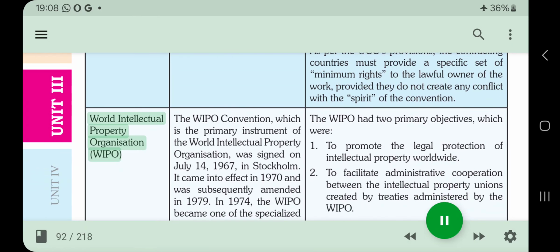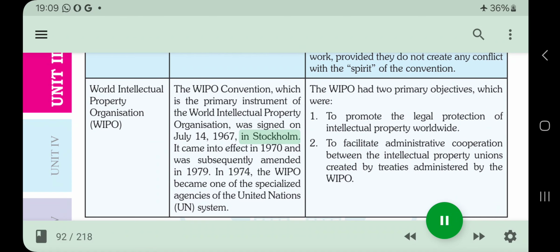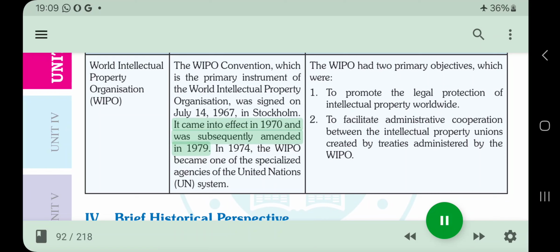World Intellectual Property Organization, WIPO. The WIPO Convention, which is the primary instrument of the World Intellectual Property Organization, was signed on July 14, 1967, in Stockholm. It came into effect in 1970 and was subsequently amended in 1979.